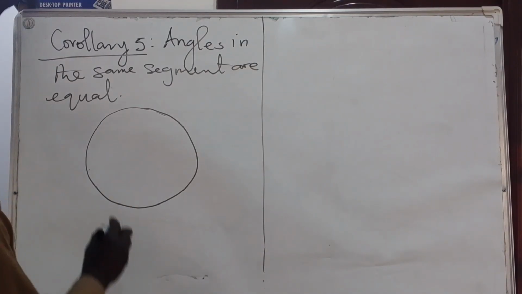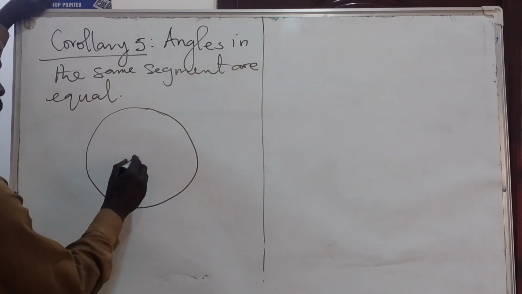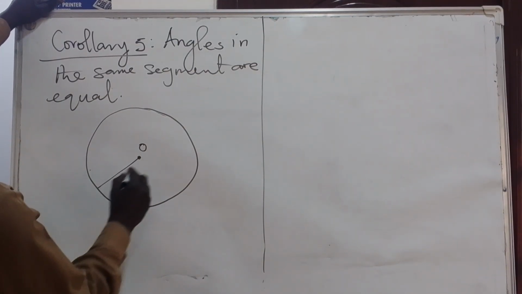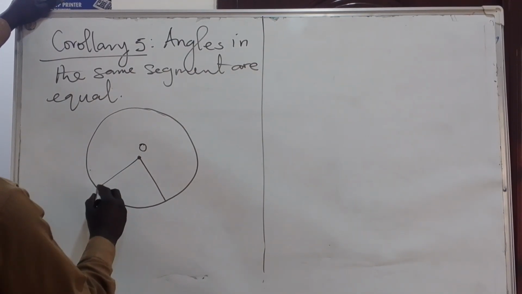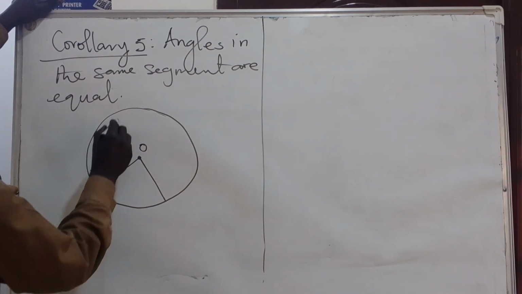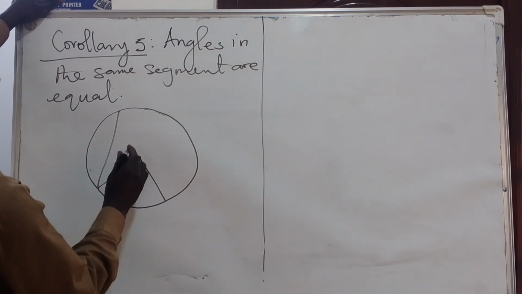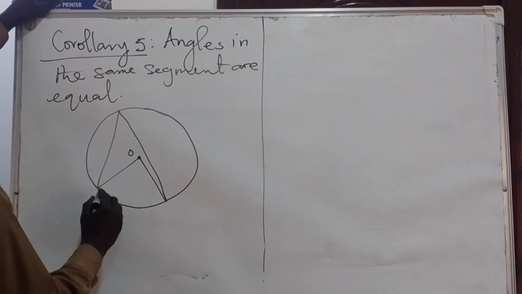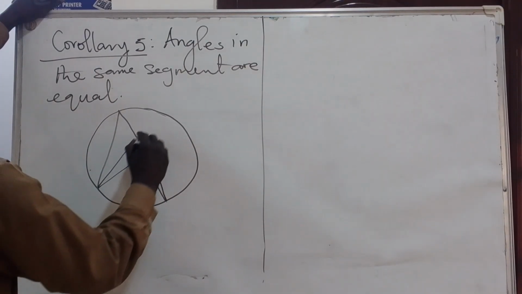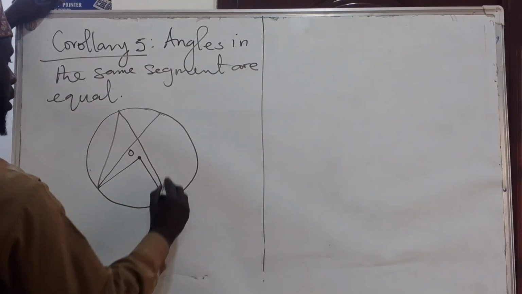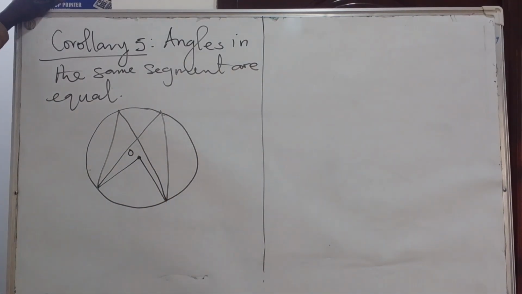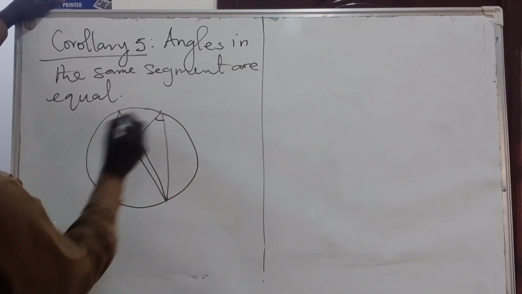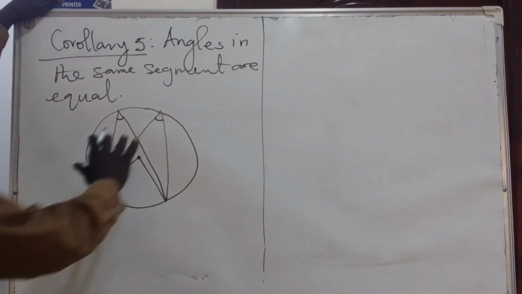If O is the center of a circle, and you have angles in the same segment, you see O is here. This line is still forming an angle, and another angle is formed here. So what we are saying is this angle is equal to this angle, meaning the two angles here are the same.